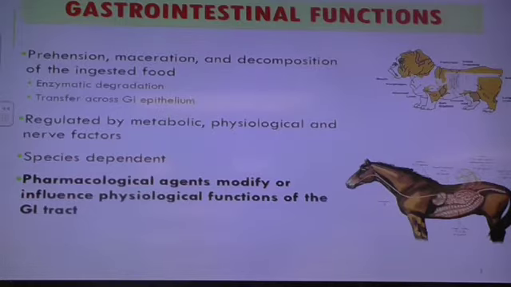For this line, I would like to point out that you need to understand the normal physiology of the GI tract for the species, and then you will understand how the pharmacological management works for each part.